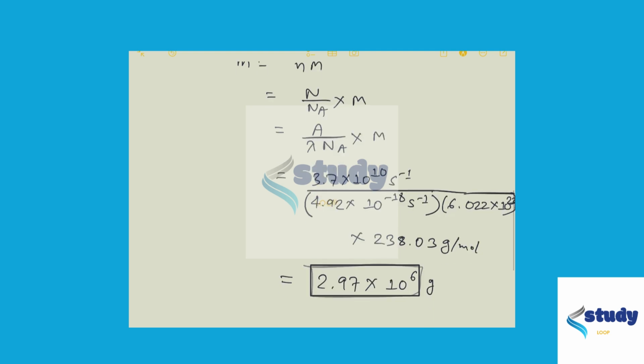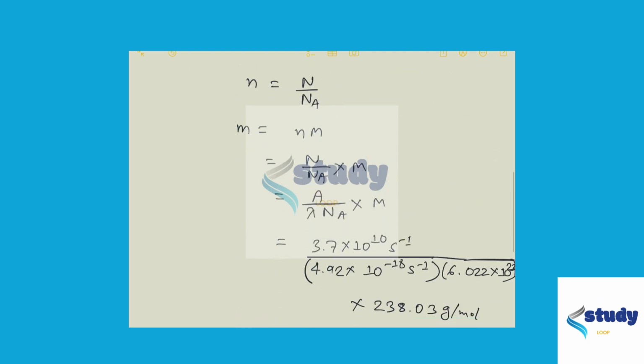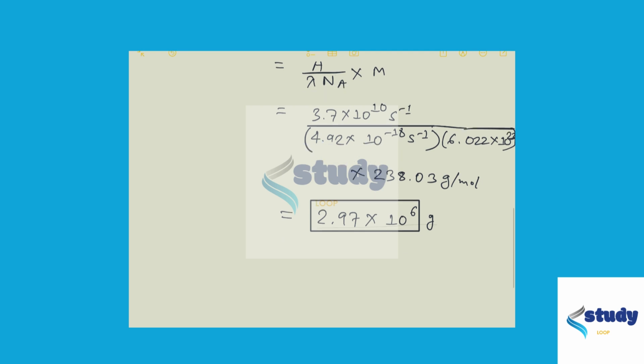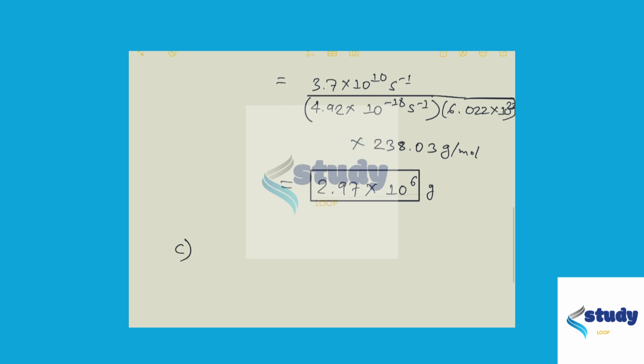This is the mass, and now we have to find out the number of alpha particles emitted per second by 10 gram of uranium. So the number of moles is equal to mass upon molar mass, and number of particles will be number of moles times Avogadro's constant.